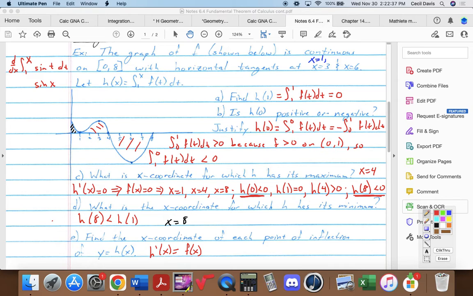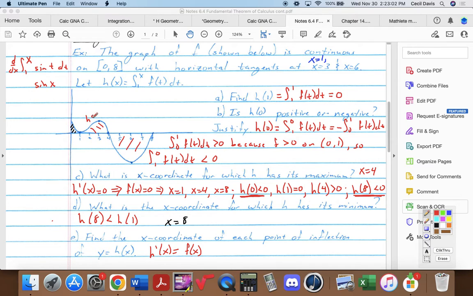Right, yeah, where the derivative is increasing. So where h prime is increasing, h will be concave up. Oh, okay. Well, h prime is f. So where f is increasing, h will be concave up.